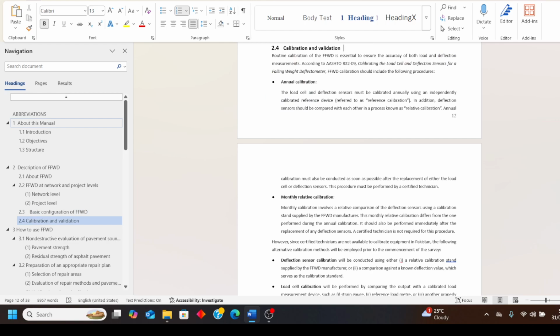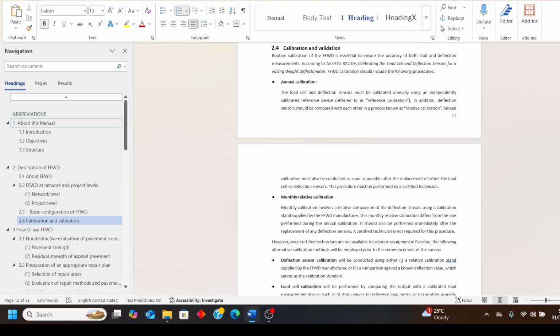Now we move to the next section of the same chapter 2, which is the calibration procedure. The first one is the annual calibration, or we can say the reference calibration. It is done once a year, and it must be performed by a certified technician as per the manual, with independently calibrated reference devices. What could be the procedure?